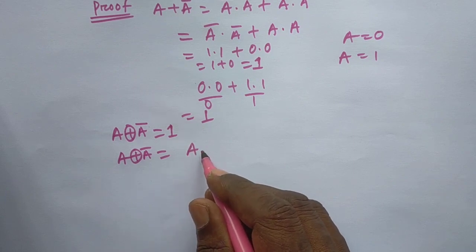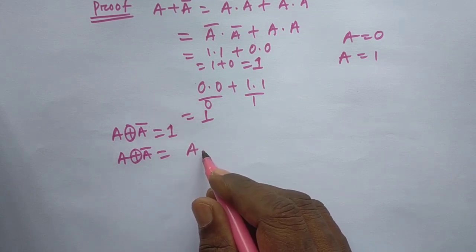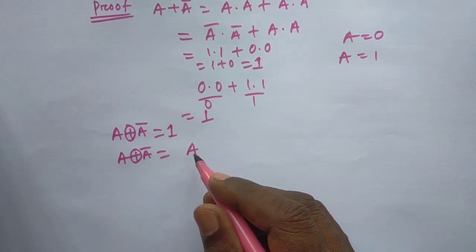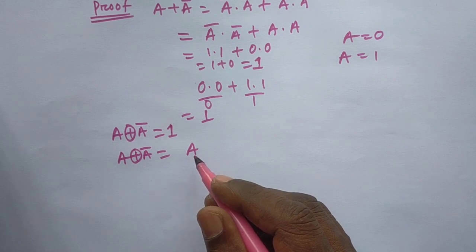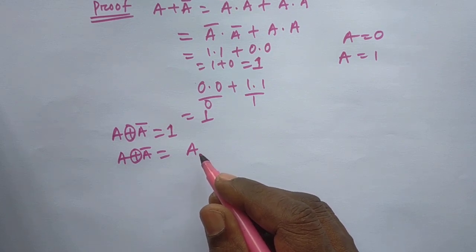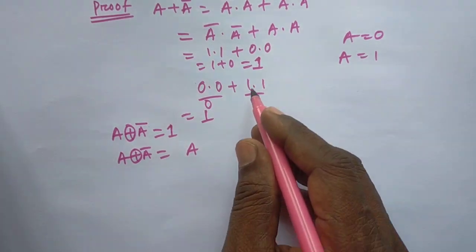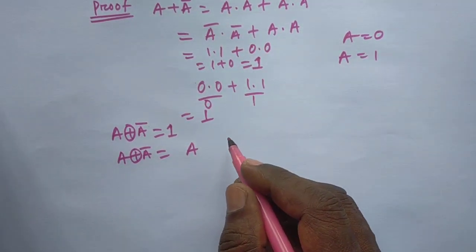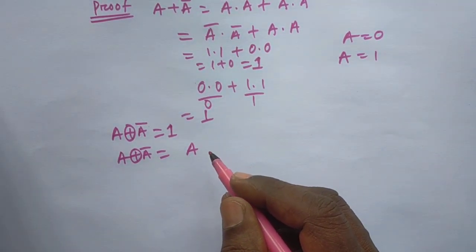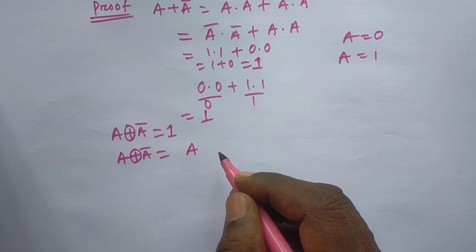A B complement, or A complement, either case you can take in this way. Okay, so what do you write?